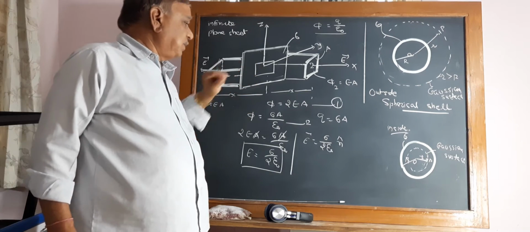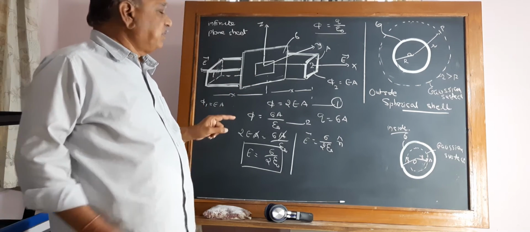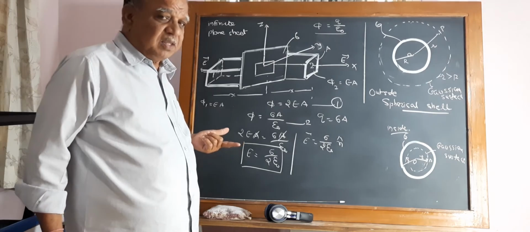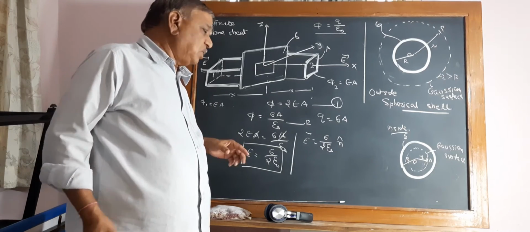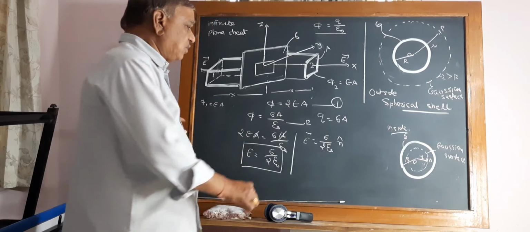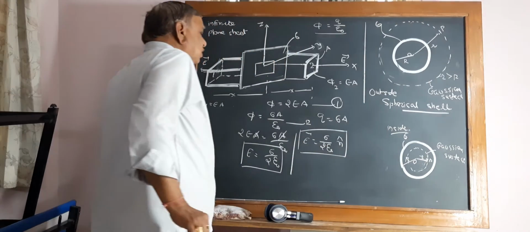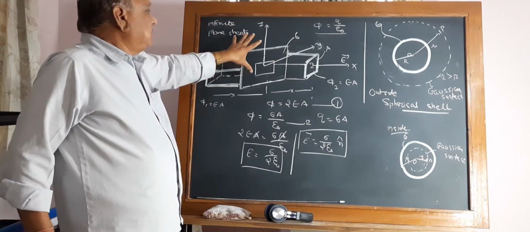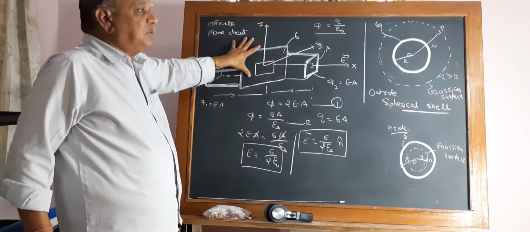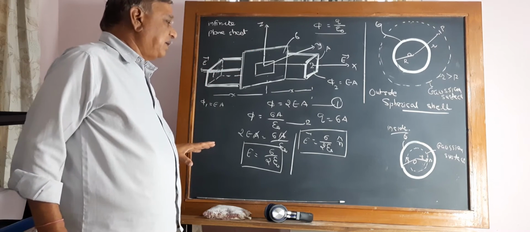If the charge is positive, sigma positive, then away from the sheet. If sigma is negative, then towards the sheet. So we have discussed here the field due to an infinite plane sheet.